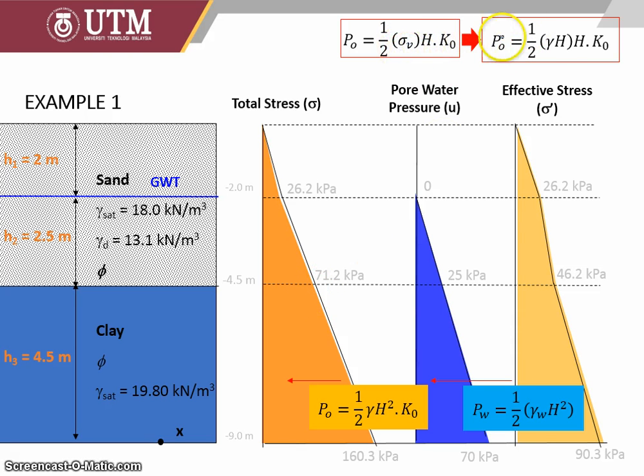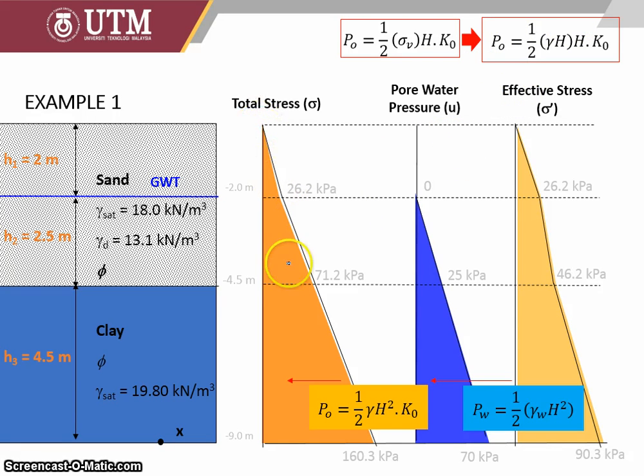As long as we know the vertical stress, or we know the unit weight gamma of the soil and the height of the respective layer, we can get the pressure, because this is actually the equation to get the area of a rectangle or triangle.